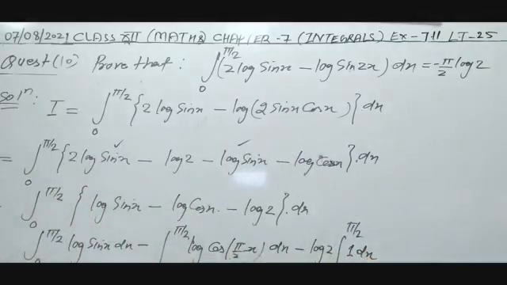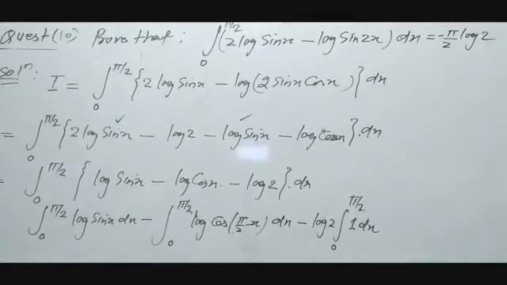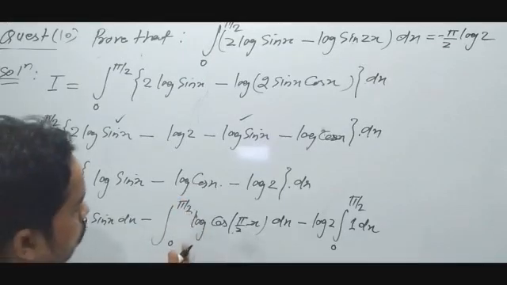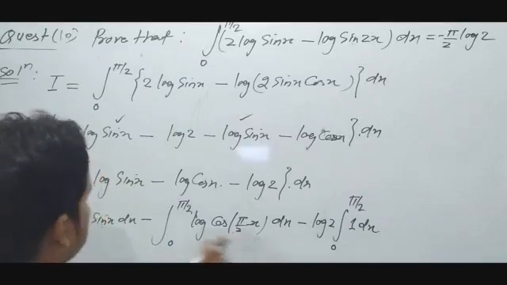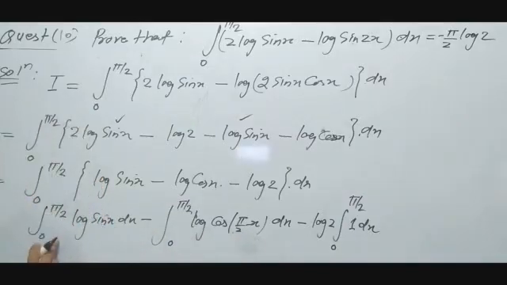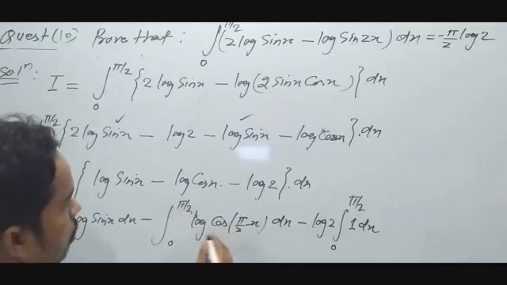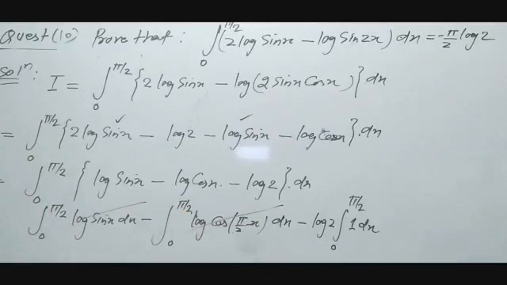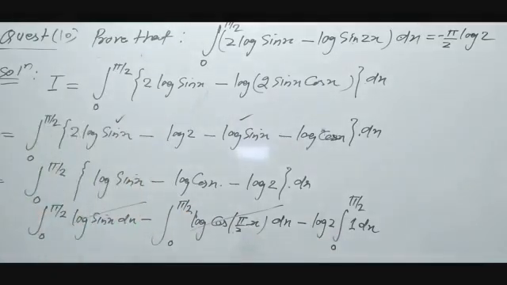This is log of sin x and this will cancel out, see. This is the result, integration over 0 to pi by 2 log of sin x minus integration over 0 to pi by 2 log of sin x, since cos of 90 minus theta is sin theta. So the two log of sin x integrals will cancel out, and the result will be minus log of 2 times 1 dx.